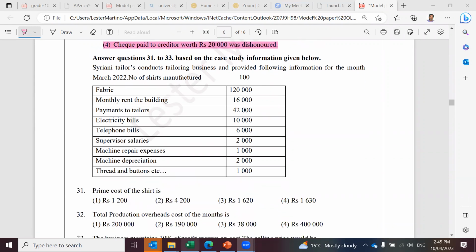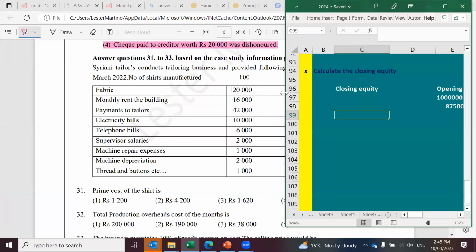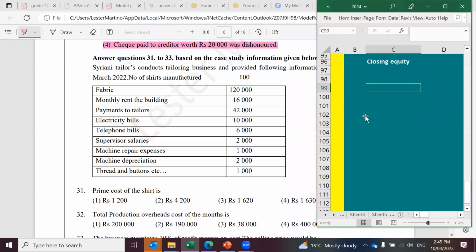Right. So this question, I'm using the Excel in this way. Fabric 120,000, and monthly rent is not a prime entry. Payment for tailors, yes, 42,000.